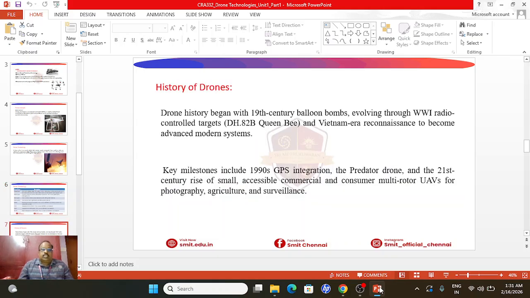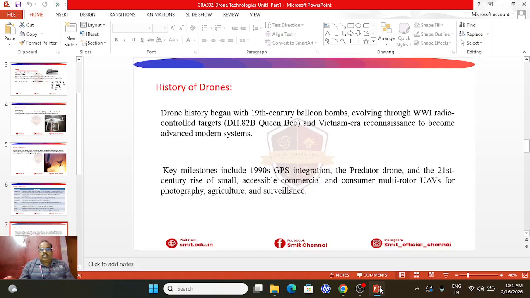And coming to the history of drones, specifically in the 19th century, balloon bombs evolving through WWI radio-controlled targets, that is DH 82B Queen Bee, and Vietnam-era reconnaissance to become advanced modern systems.